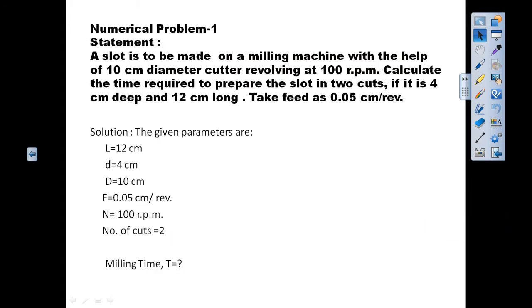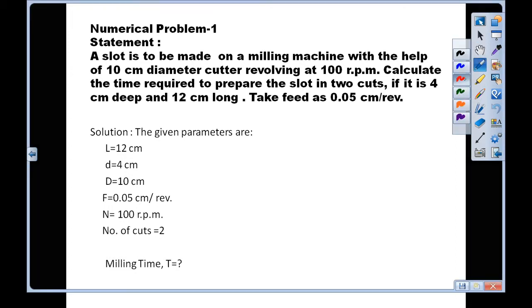Then take the simple numerical based on this milling operation. I am first reading the statement. A slot is to be made on a milling machine with the help of a 10 centimeter diameter cutter. Capital D is given, that is 10 centimeter, revolving at 100 RPM. So N is 100 RPM. Calculate the time required for milling to prepare the slot in 2 cuts.